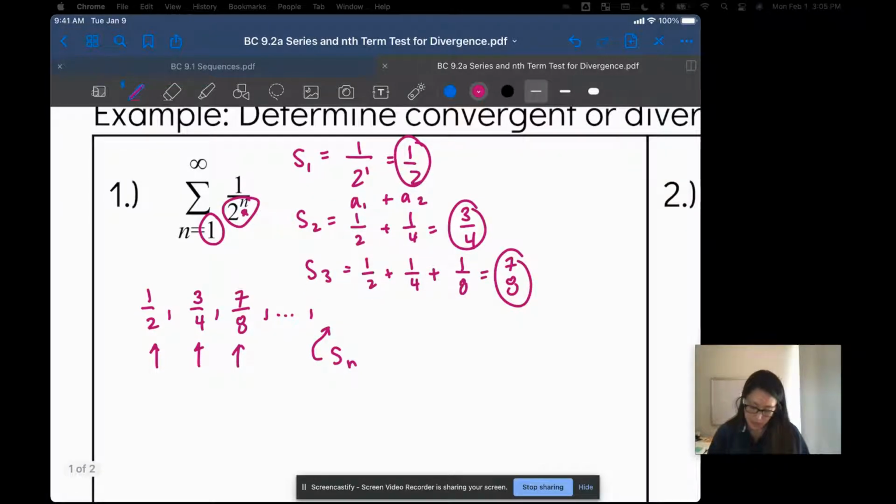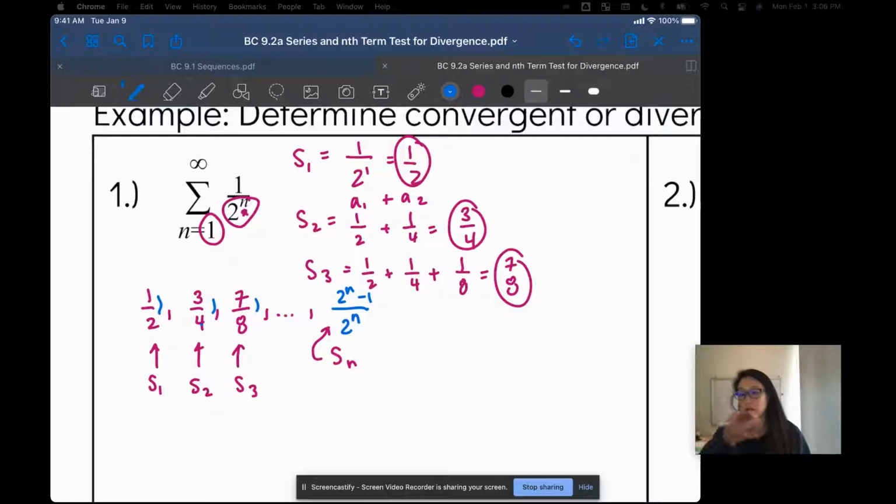I can see that S sub 1, S sub 2, S sub 3 give me each one of these outputs. The denominator is 2 to the power of n. So 2 to the 1 is 2, 2 to the 2 is 4, 2 to the 3 is 8. The numerator is just one value off from the denominator, so it would be 2 to the n minus 1. So this one wasn't too bad.